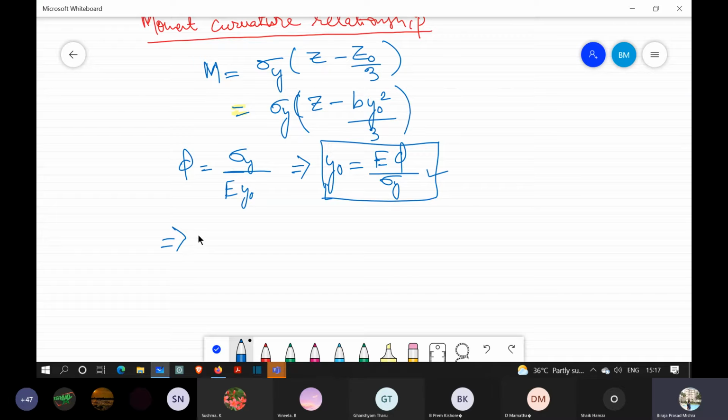So this implies the moment can be expressed as M equals sigma y into (Z minus b by 3 into (E phi by sigma y) whole square).